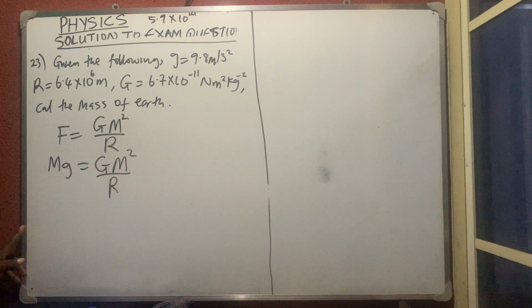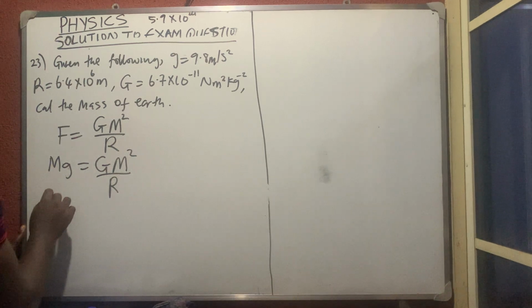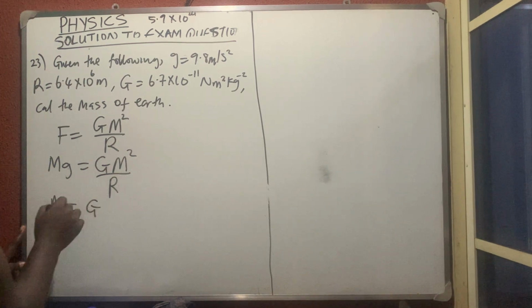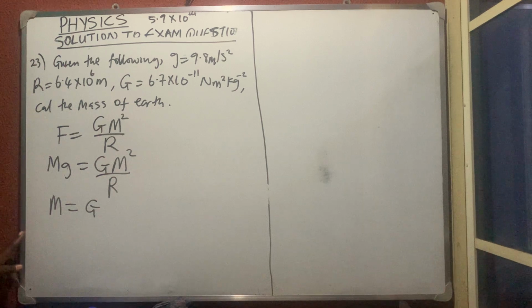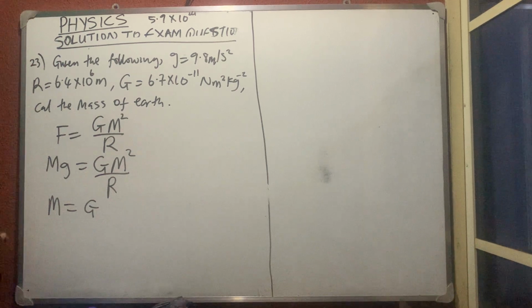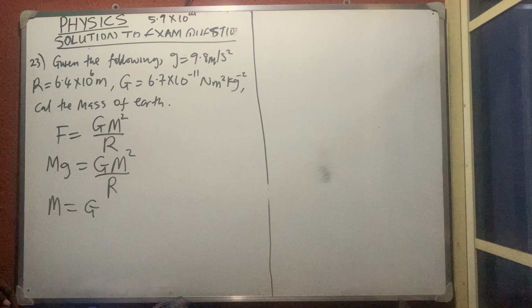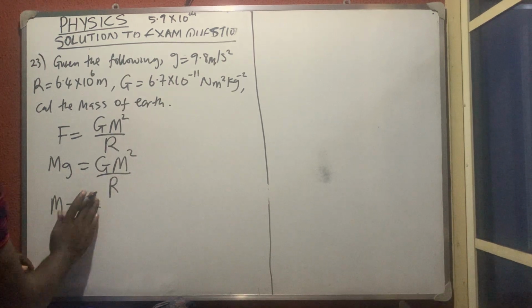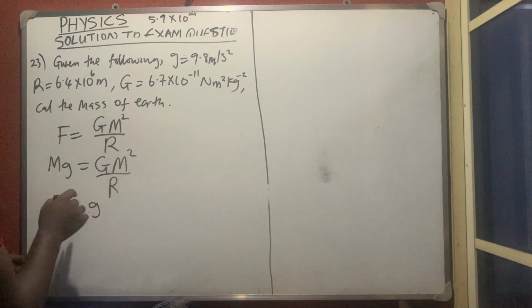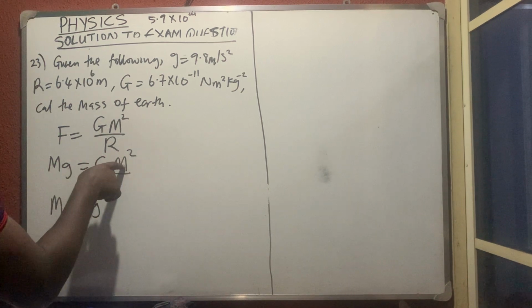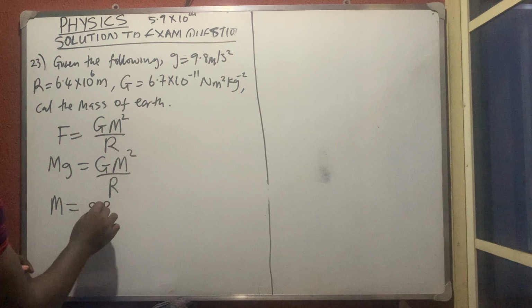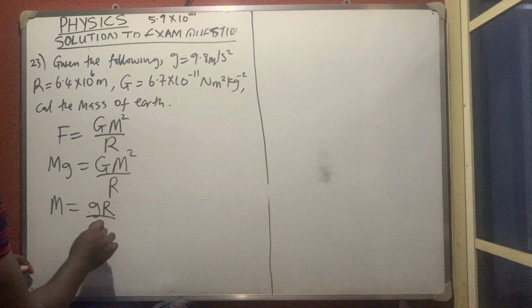So I'm having that, okay, sorry. The mass of the earth is equal to what? How do I get the mass of the earth? Okay, because this will cancel one of these, I'm having one here.